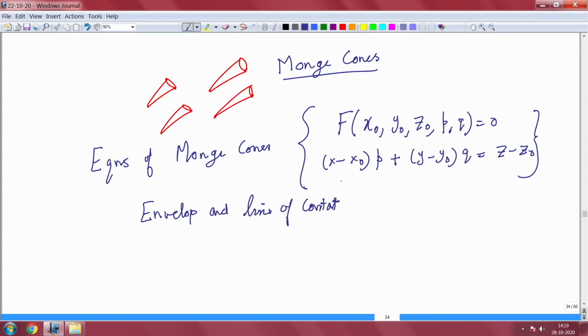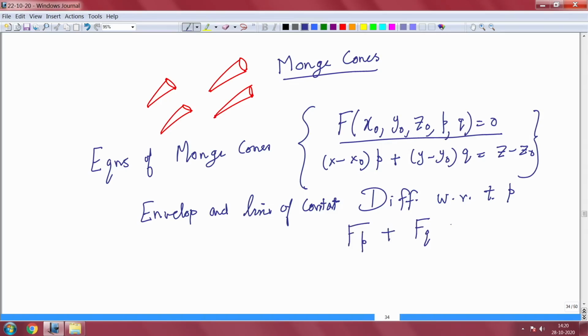How do you do this? To do that, you view these as functions of p and q. So differentiate with respect to p. The first equation f, if you differentiate with respect to p, you get f_p plus f_q into dq by dp, viewing q as a function of p, equal to 0.